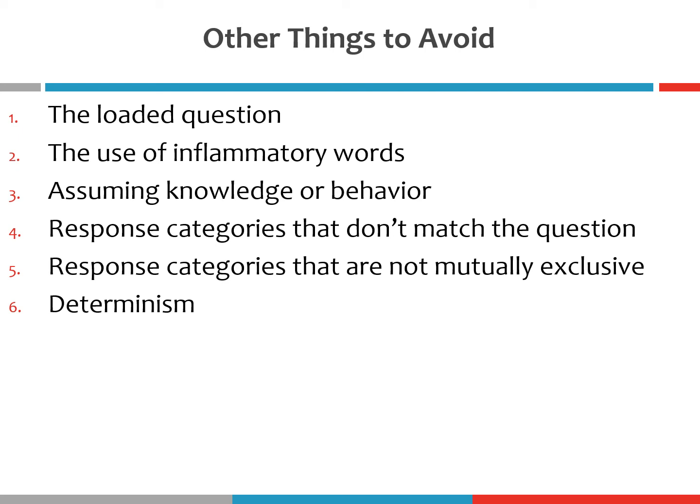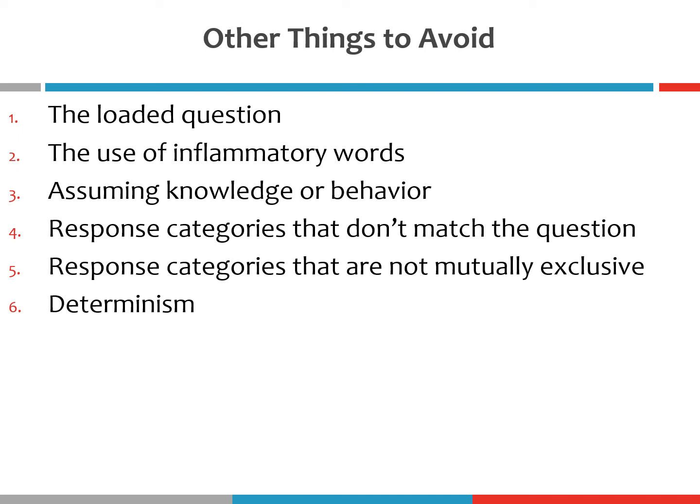And the related issue is you want to make sure that if you're asking a closed-ended question, your response categories are mutually exclusive, right? So let's say you're doing a survey of driving behavior, and you want to ask people how much money they spend on gas per week, right?